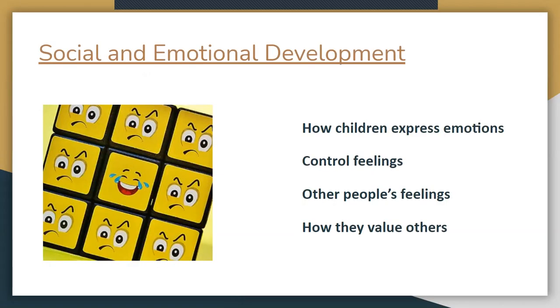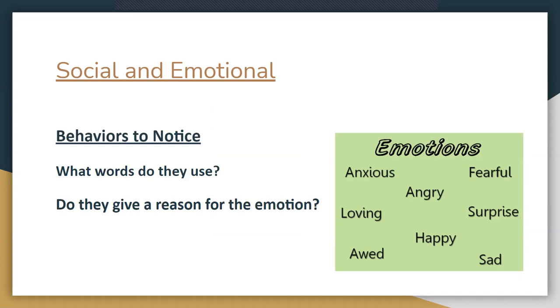Okay, so let's talk about social and emotional development. So this one is how children express emotions, right? How they control their feelings, other people's feelings, and how they value others. So some things or behaviors to notice are, what words do they use?